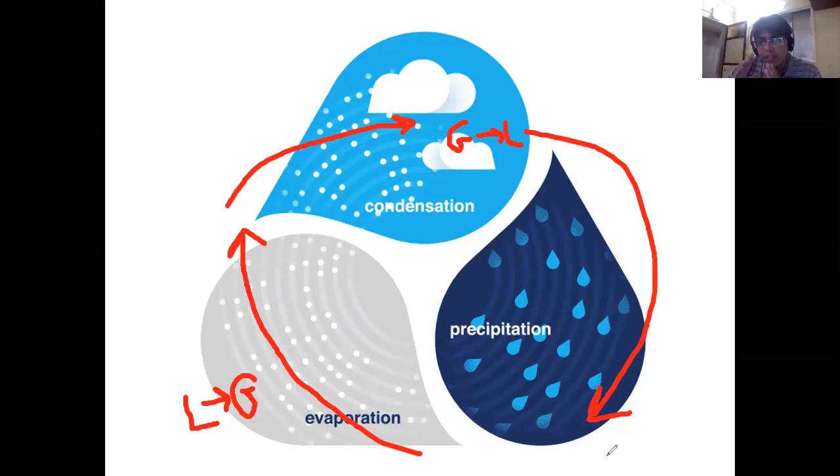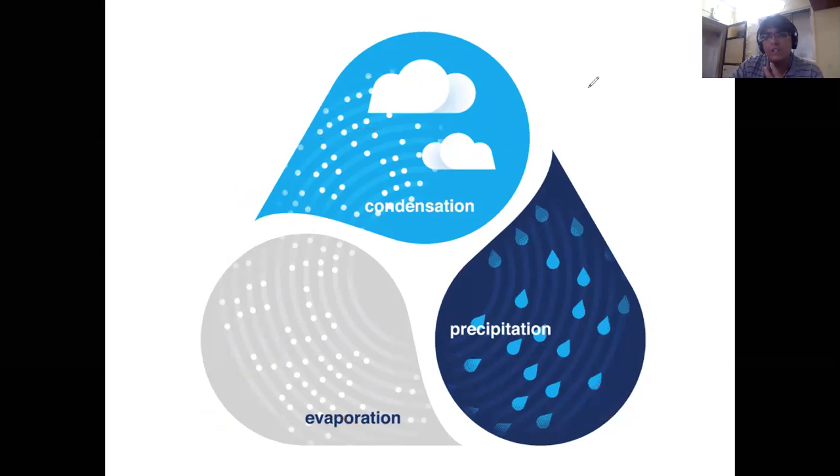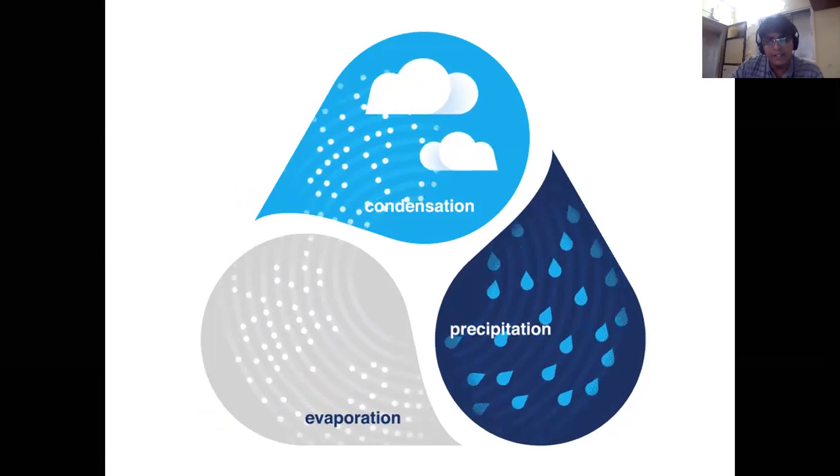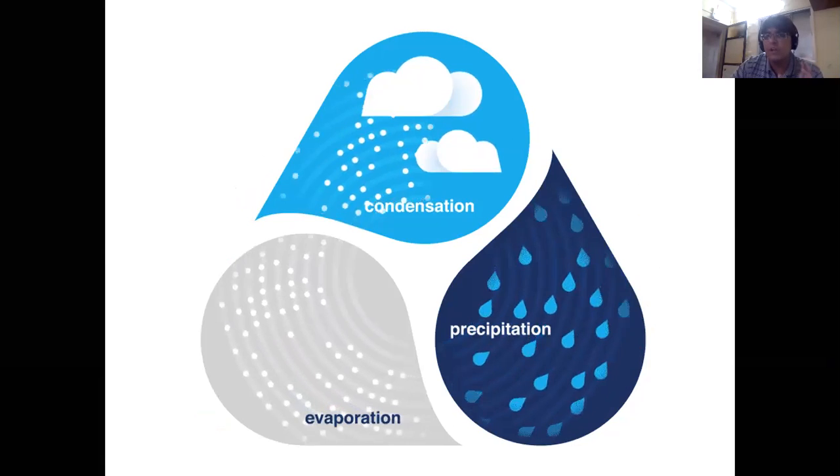When condensation is 100%, the air is not able to hold more water vapor, more water droplets. Then precipitation happens. It's a natural cycle that keeps happening at all times. I hope everybody is clear with evaporation, condensation, and precipitation.